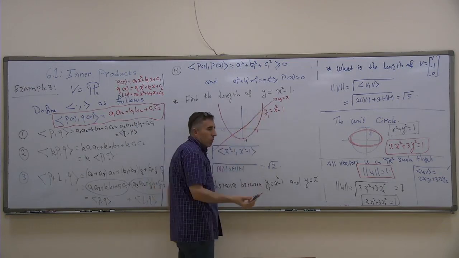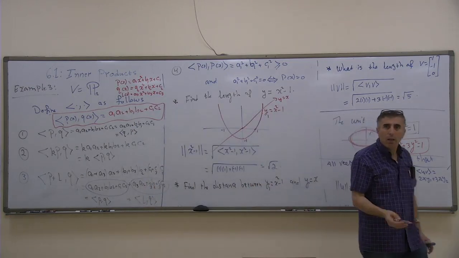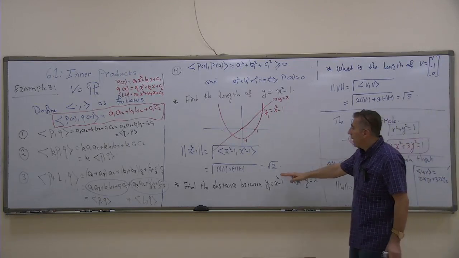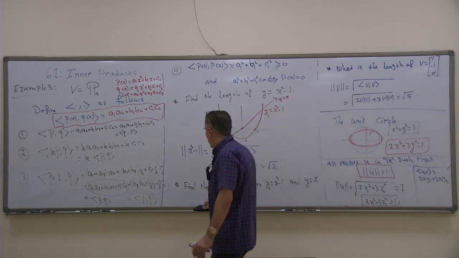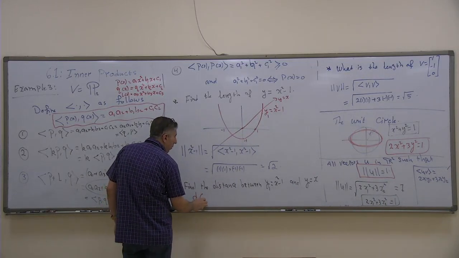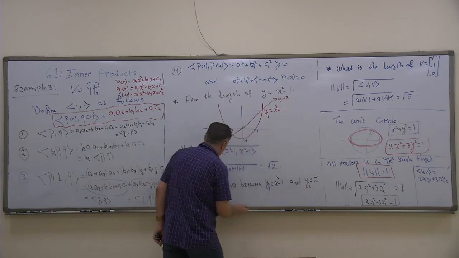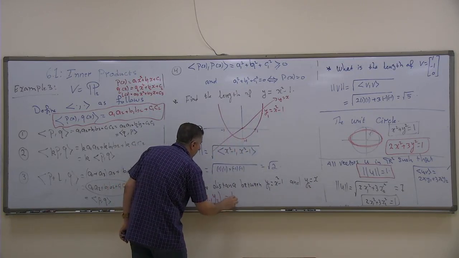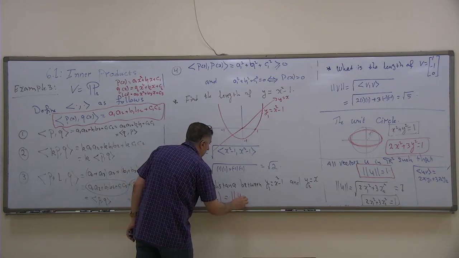But what does it mean, the distance between them? Don't think about it in that way, okay? The distance between y1 and y2 is going to be the length of y1 minus y2.